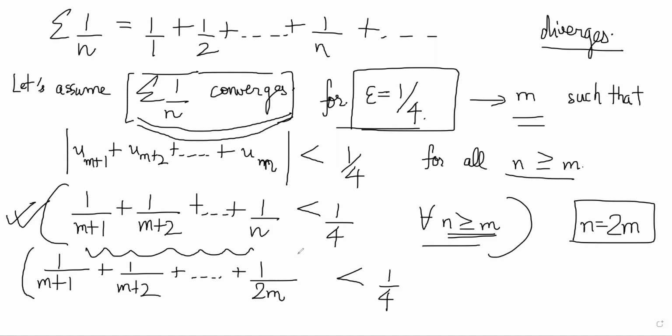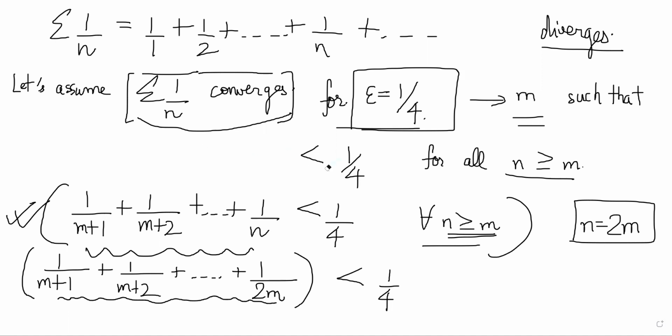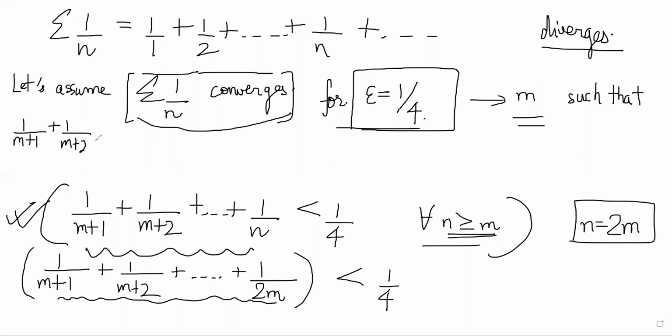So what is this equal to? We can simplify this part. Every term here, 1 by m plus 1 plus 1 by m plus 2 and so on till 1 by m plus m, each term here is greater than 1 by m plus m.